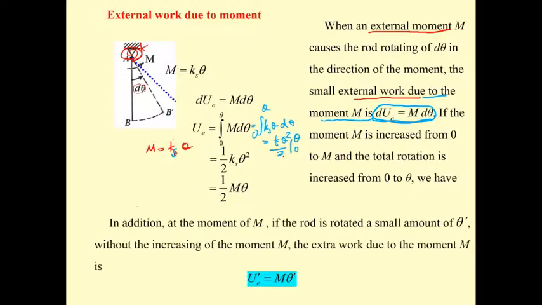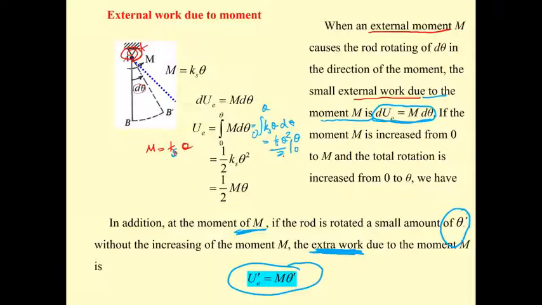And again, if there is something that causes the rotation to increase by theta prime without the increase of M, the external work or the extra work due to that moment is going to be M times theta prime. And that shows the area as before. It's going to be the rectangular area, not the triangle.